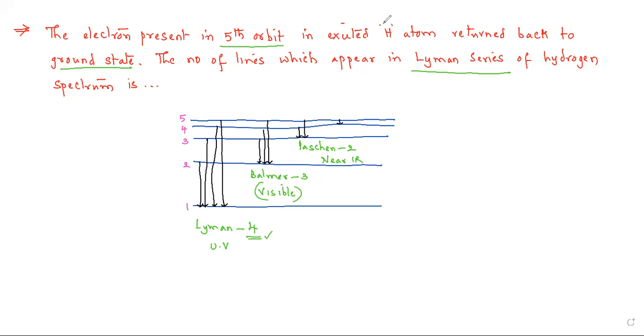And then this is Brackett series. Only 1 line in Brackett, in middle IR. Okay. This is all about Lyman, Balmer, Paschen, Brackett. You get 4 lines in Lyman. So this is your answer. Answer is just 4. Okay. Next.